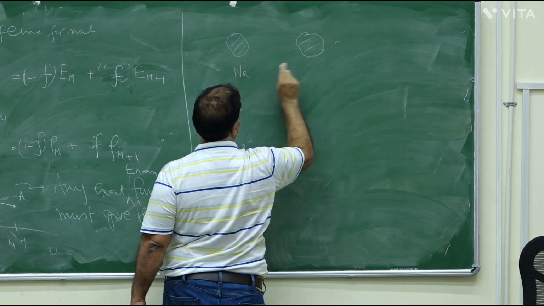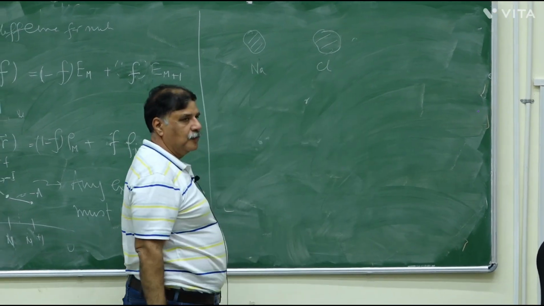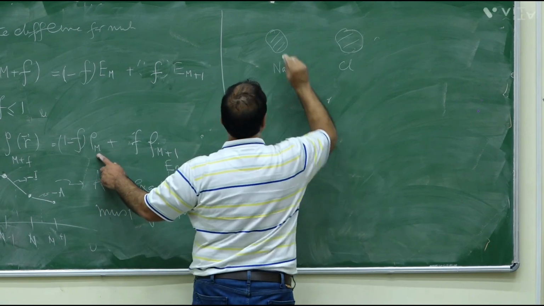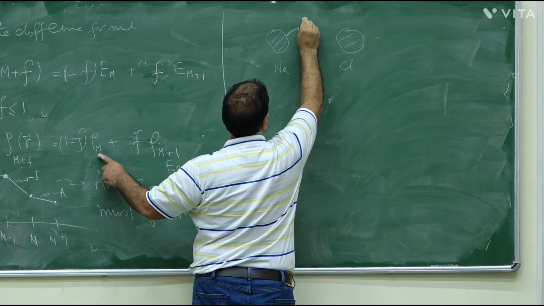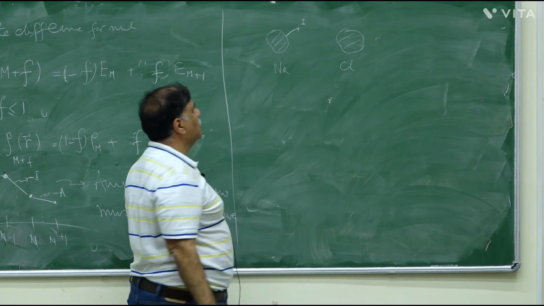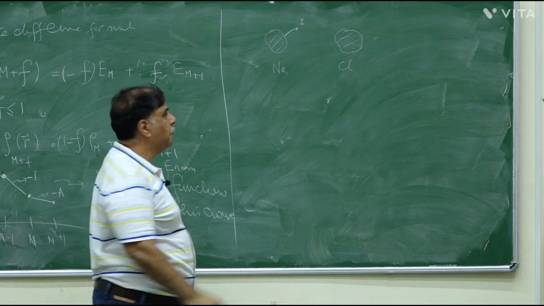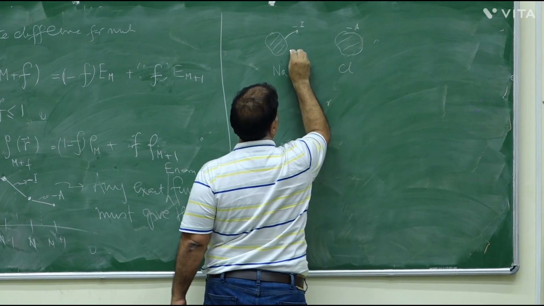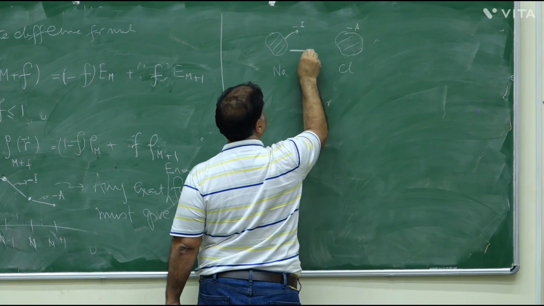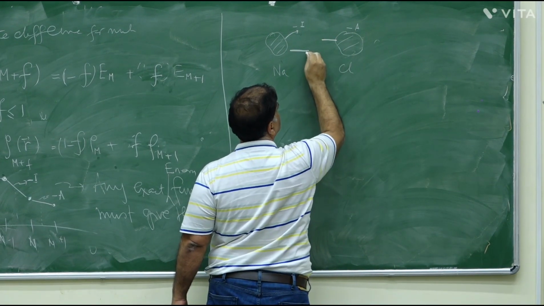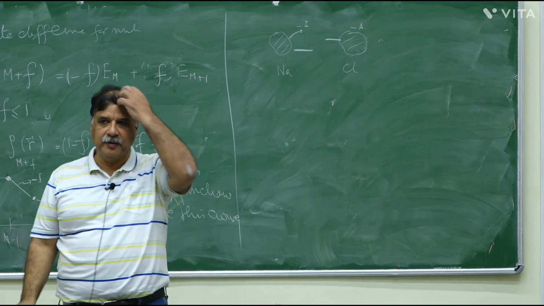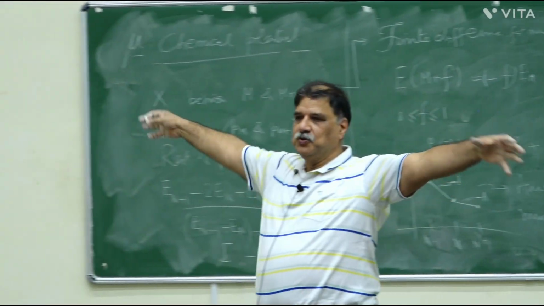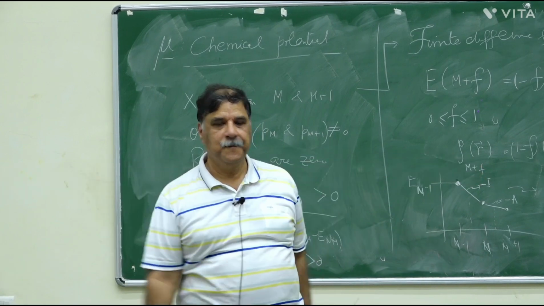Now given two systems, suppose sodium and chlorine. Suppose I want to remove an electron from here, the chemical potential is minus I, and the chemical potential out here is minus A. So out here the chemical potential will be this and out here it will be this. An electron cannot go from lower chemical potential to higher. They remain neutral if they are far away.